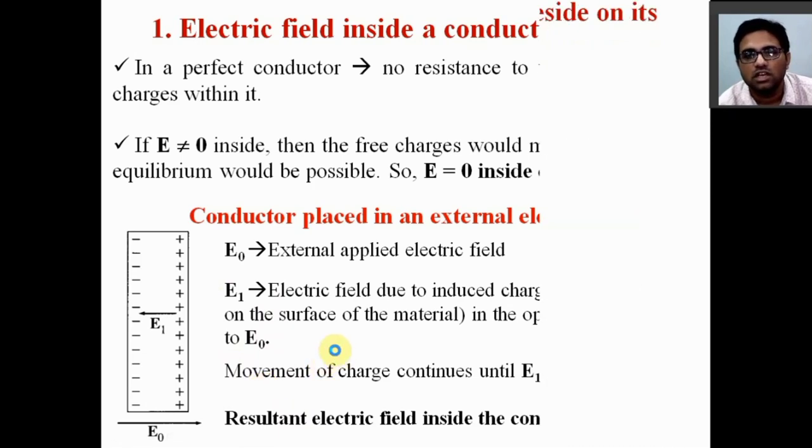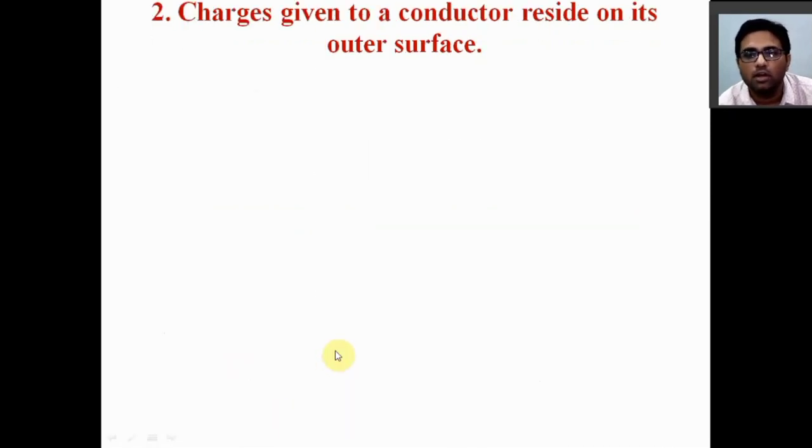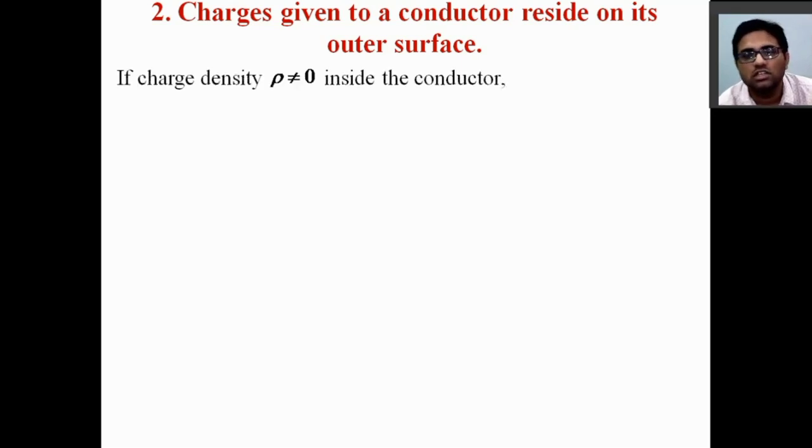Now let's discuss another important property of a conductor: charges given to a conductor reside on its outer surface. That means the charge density rho equals 0 inside. To prove this, let us consider that the charge density is not 0 at some point inside a conductor.